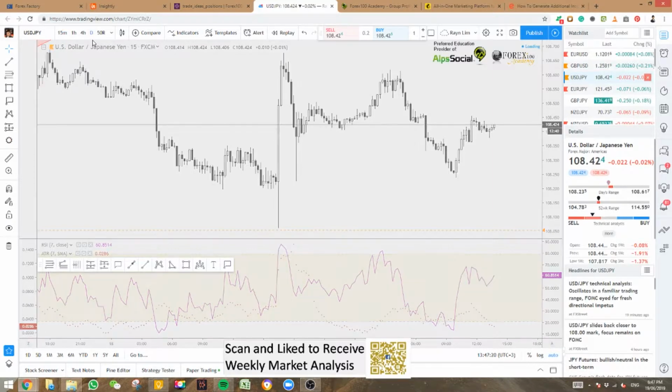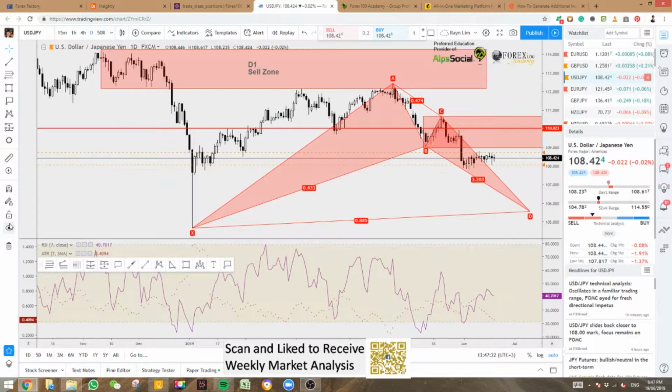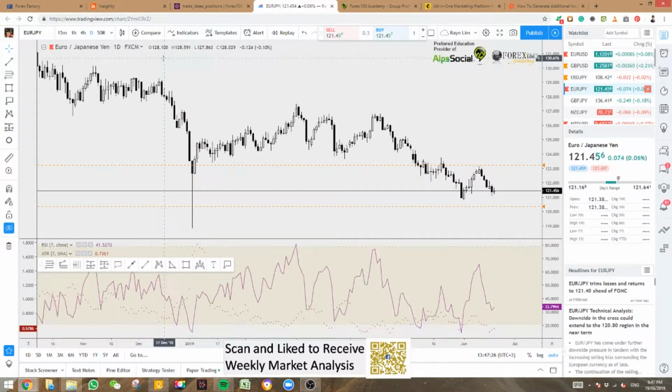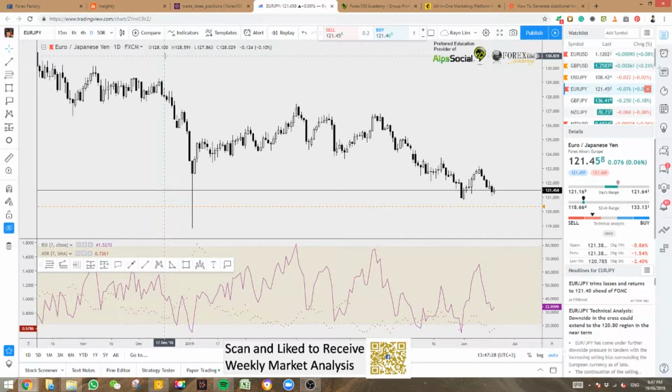Back to the daily chart while we move to Euro Yen. Euro Yen on the daily chart, this is where traders get a bit excited, especially new counter trend traders. Market came down, went up, hit back down, near the previous low, showing a bit of pause in the market.